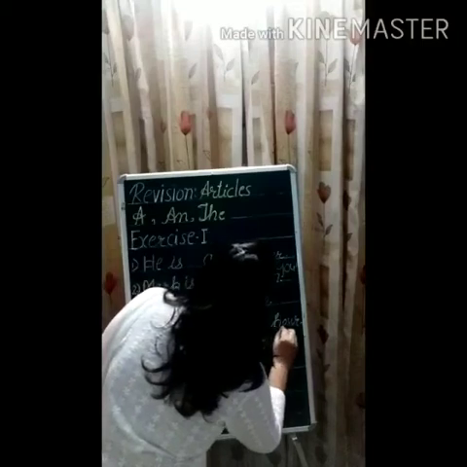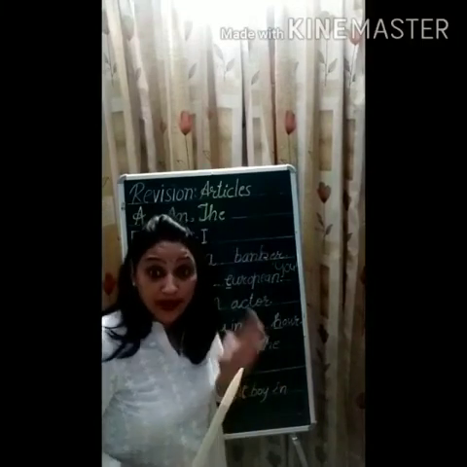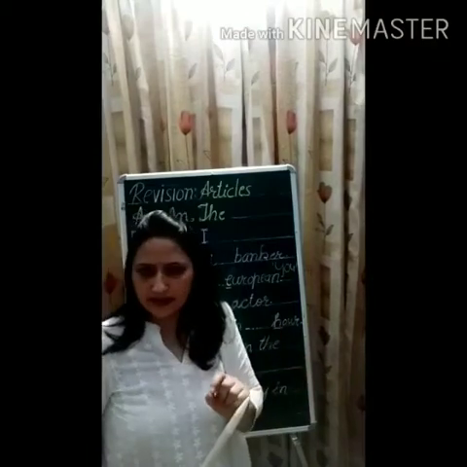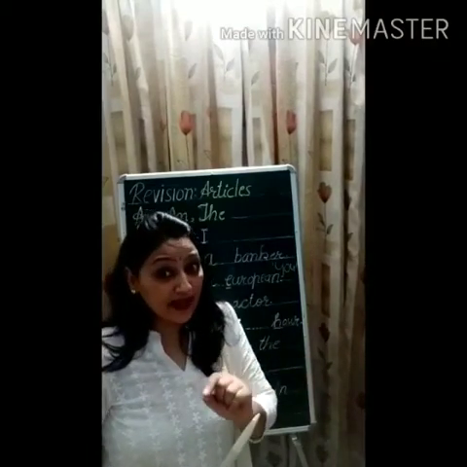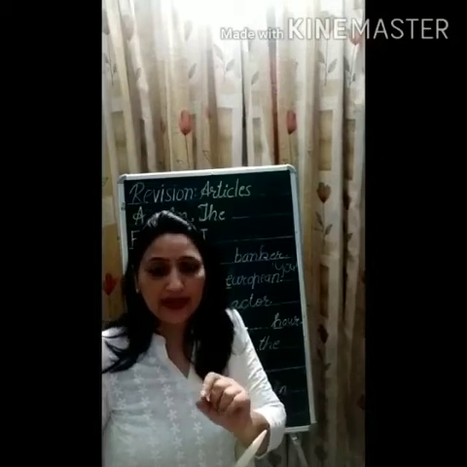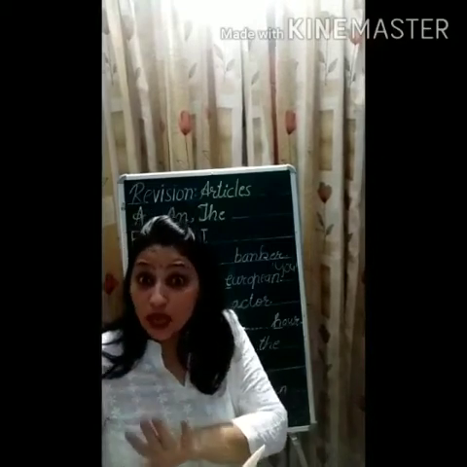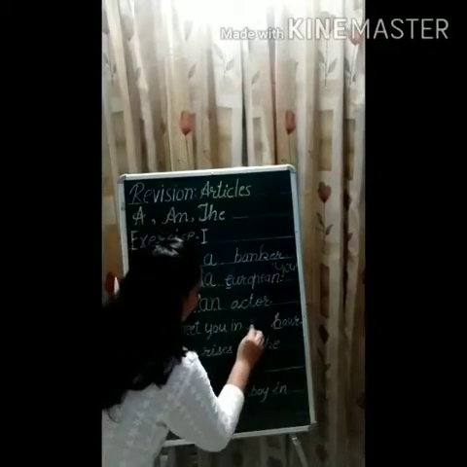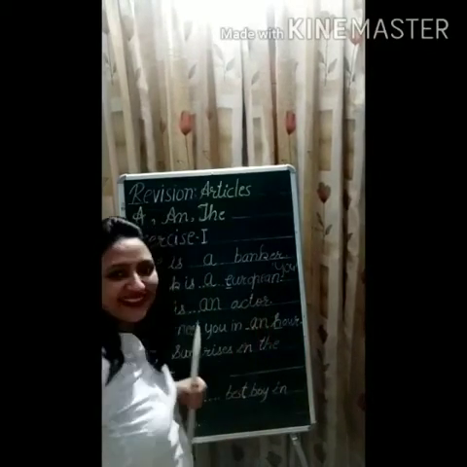The initial letter is H, but this letter is silent. When I pronounce it, it is pronounced as R. So air comes out without friction. So it has a vowel sound and we'll use an before it. I hope it is clear to you.